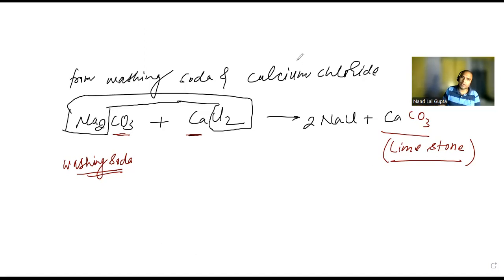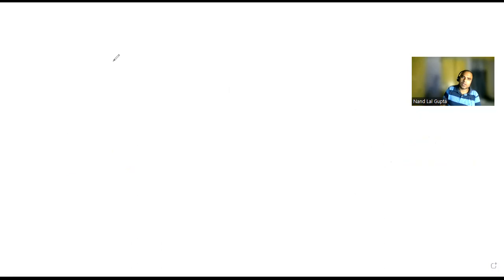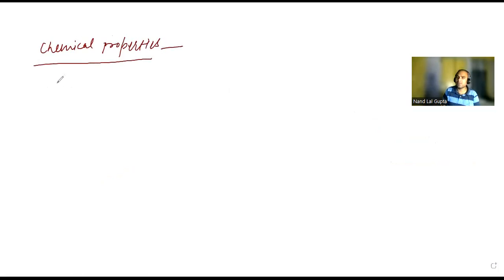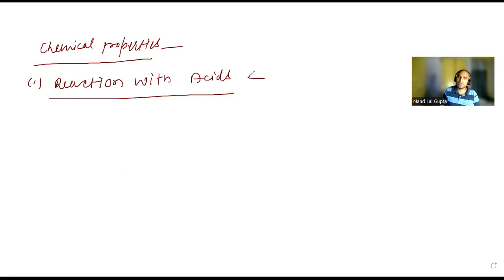Next one is their chemical properties. We are going for the chemical properties. Let us try to understand what the chemical properties are. When you talk about the chemical properties, there are not many. First one is reaction with acids.